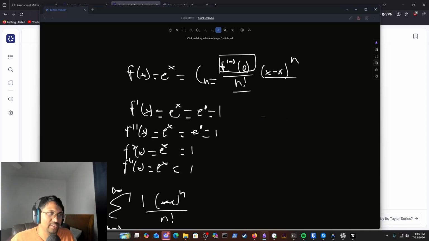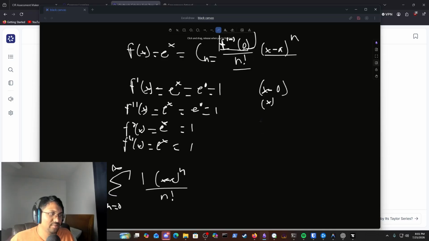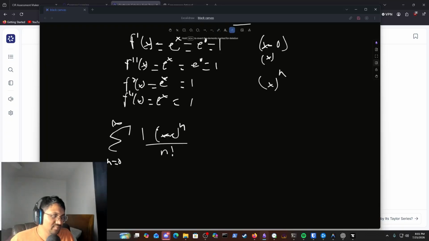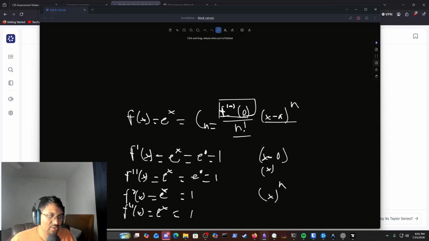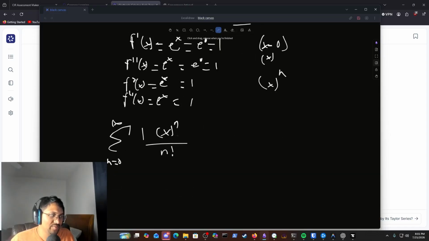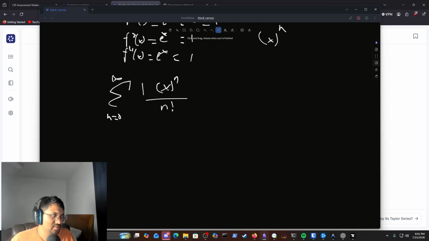Or rather, we should say that x minus a equals 0, so x equals a. So if it's x minus 0, then we know it's just x, and that becomes x to the n. And so literally just by asking for each part of this coefficient sequence, we solved the series.